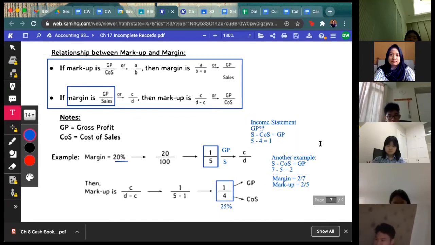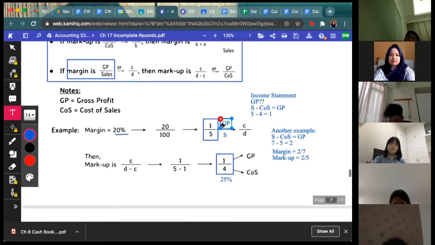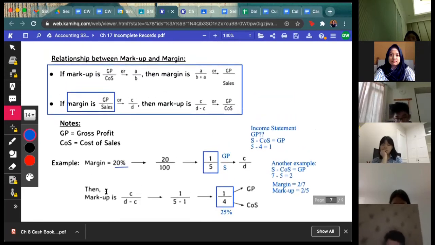Why do you need margin and markup? Because sometimes you will have to find missing information. What kind of missing information related to the income statement requires margin and markup?